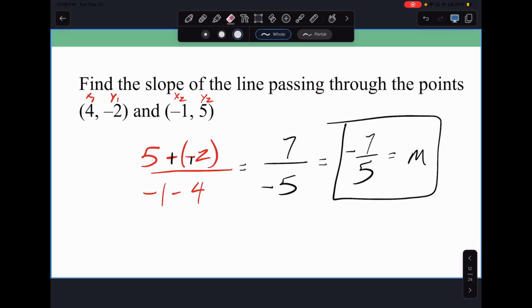Okay, now I want to change this problem a little bit, okay? Don't change it in your notes. I'm just going to change it here. Let's say that this was negative 5 minus 2. Then what would we have on the top? That'd be a negative 7, right? How would that affect my slope now? Because now I have a negative on the top and a negative on the bottom. Yes, because a negative divided by a negative is a positive.